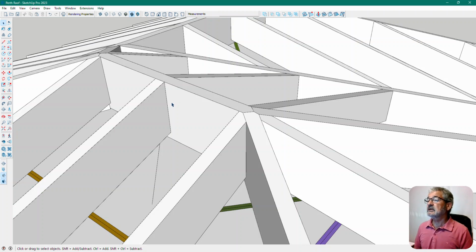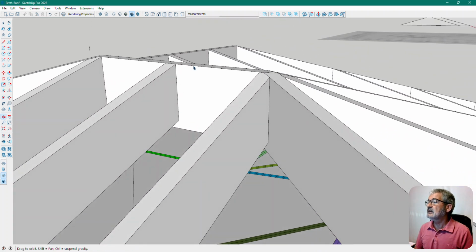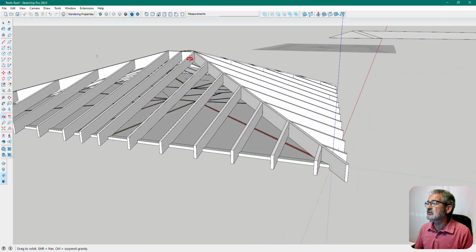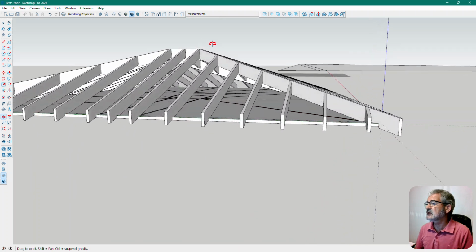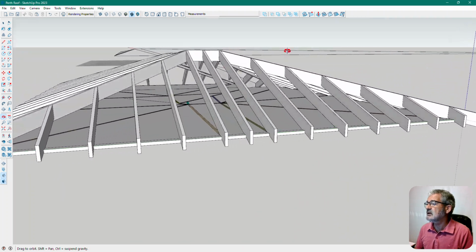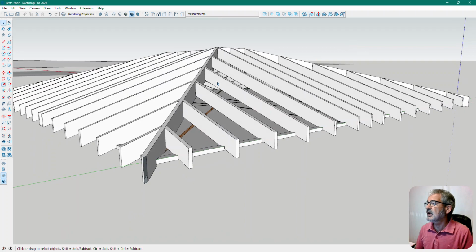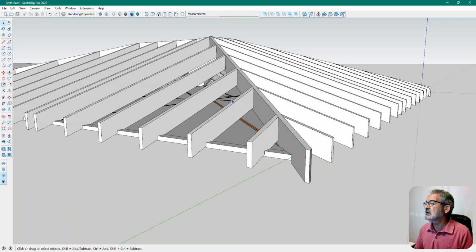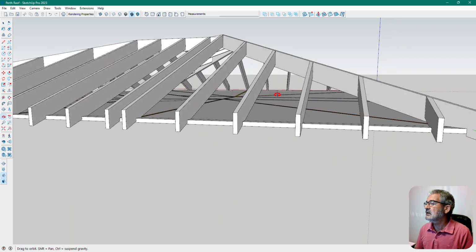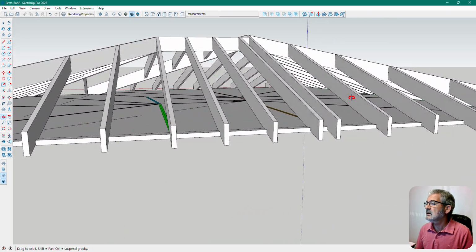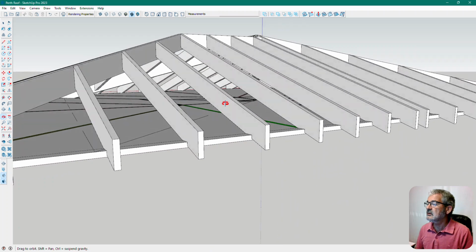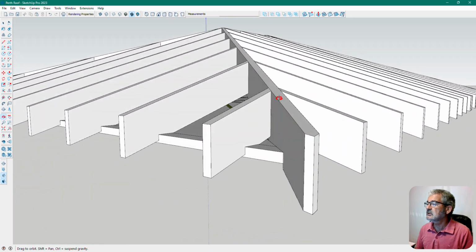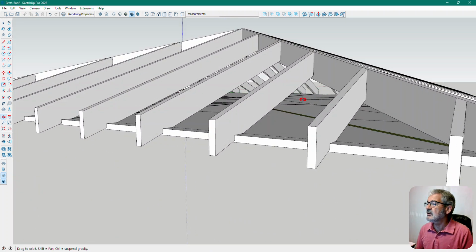So yeah, and if I just spin this around, you can see that everything's in plane here. It's all at 18 degrees, so that's missing an end there. So totally buildable, easy to put on a pattern rafter.